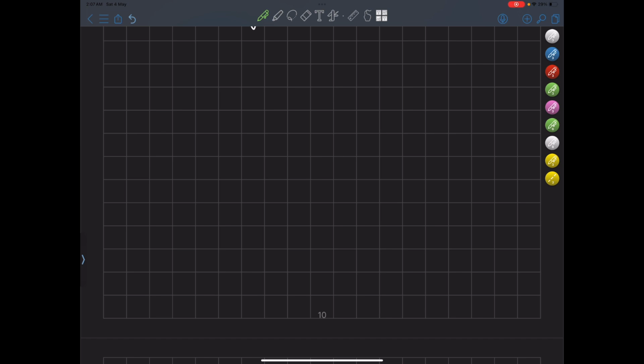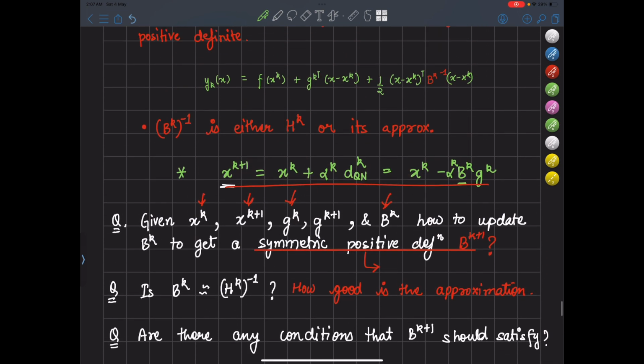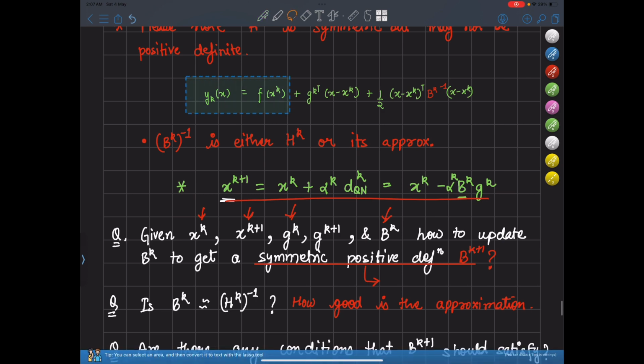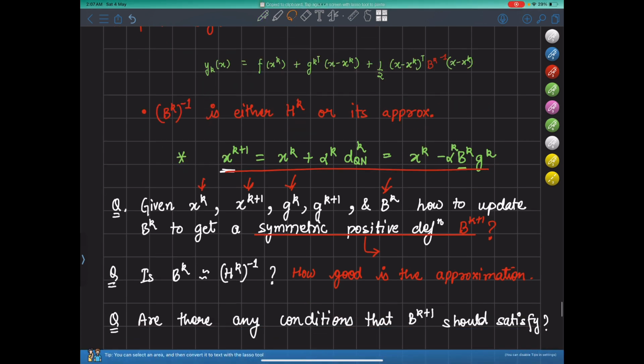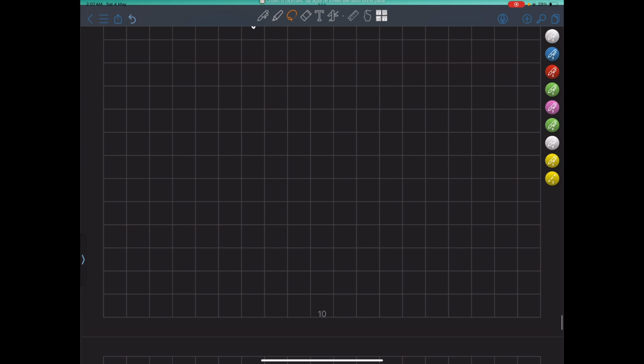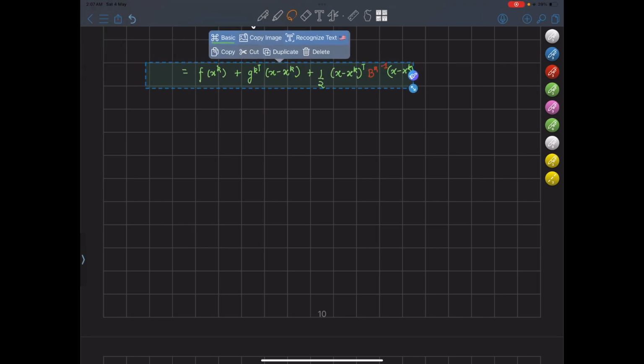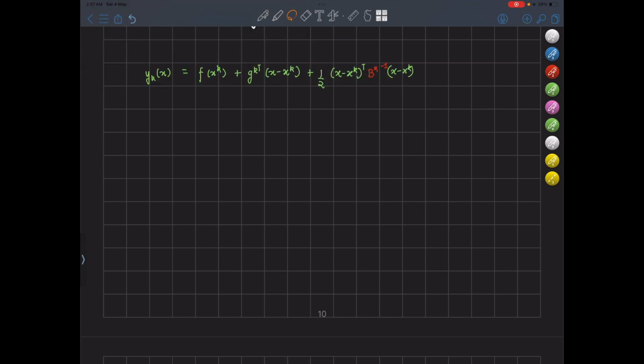So we have already seen this formula. I'll copy it again. Right, we'll keep it here. So this is the Quasi-Newton approximation of a quadratic function around xk, right?